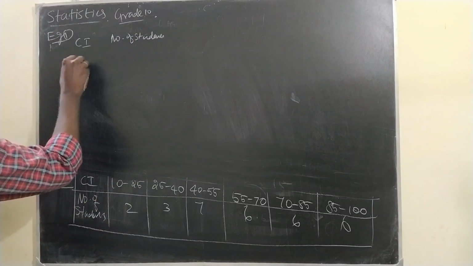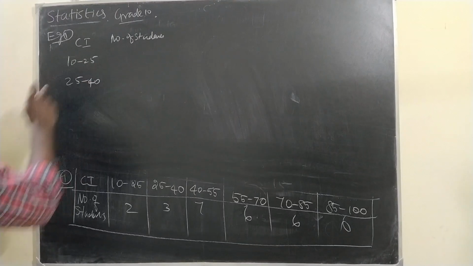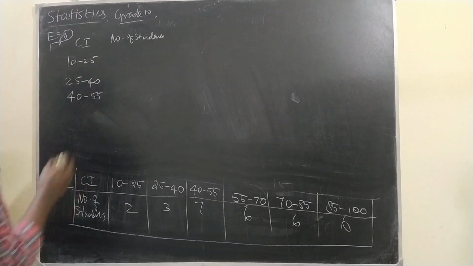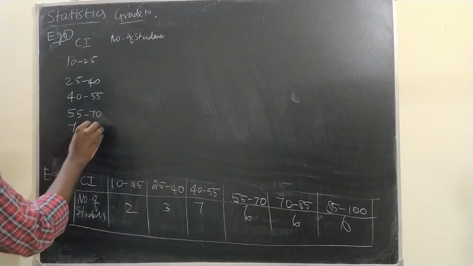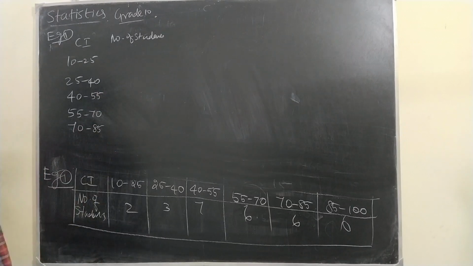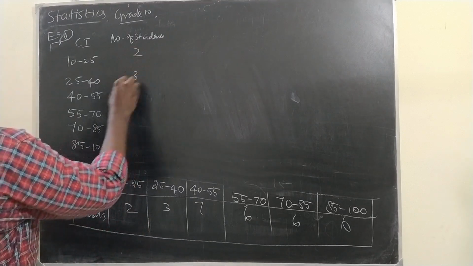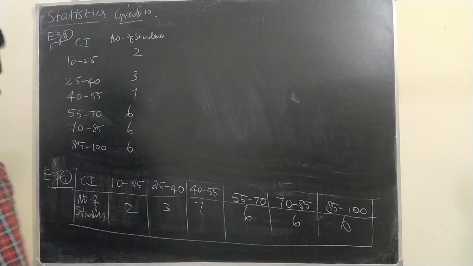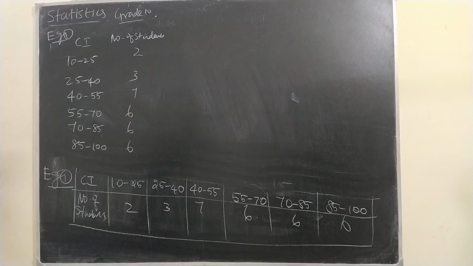Okay. But this 10 to 25, 25 to 40, does this look like ungrouped to you? Tell me one final answer whether it is grouped or ungrouped.